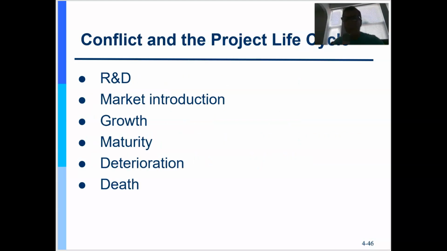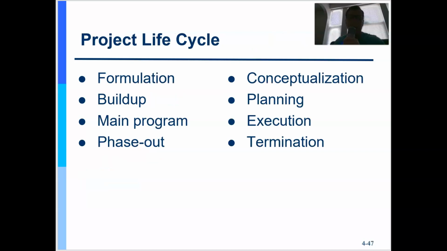And so regardless of all of our efforts, conflict is going to happen in the R&D, maybe in market introduction, as a product or project grows, as we mature, or as we close out, right?